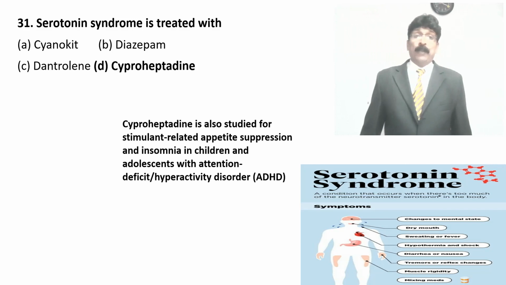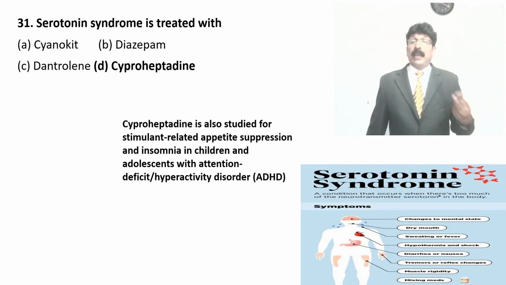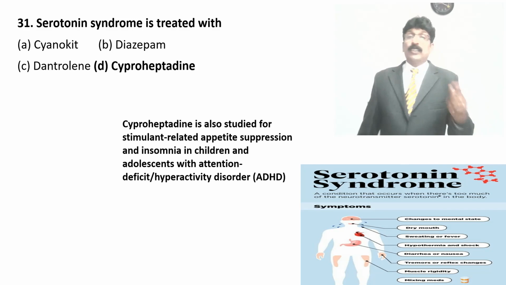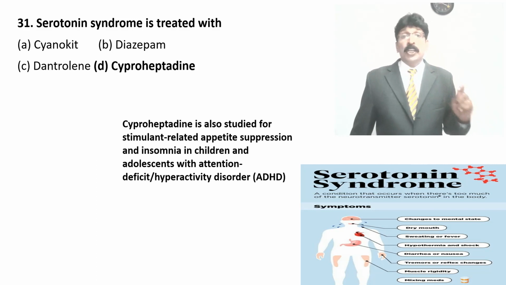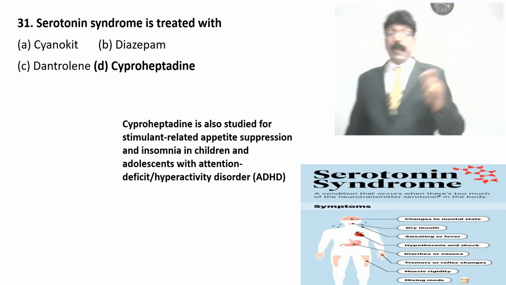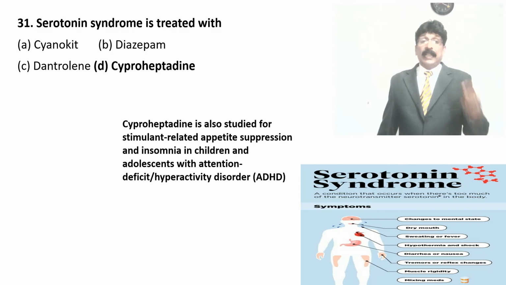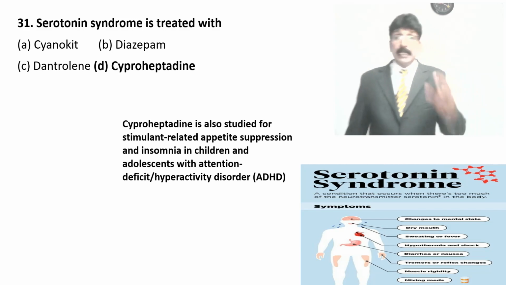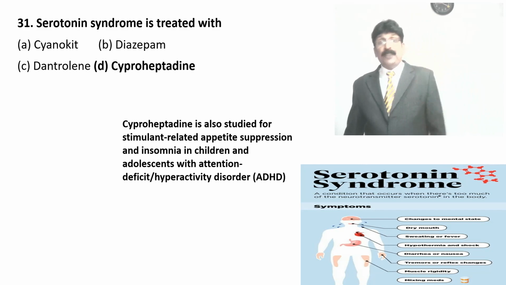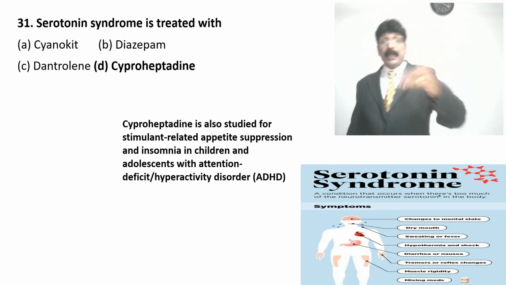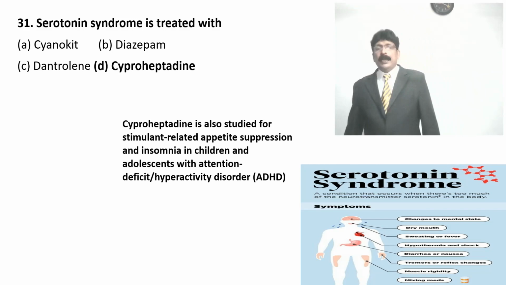for example cyproheptadine. As I told you, it is used for mental disorders and can also be used in children and adolescents for stimulant-related appetite suppression and insomnia. When children reach adolescence, attention deficit hyperactivity disorder, ADHD, is commonly acquired, even in elders also.